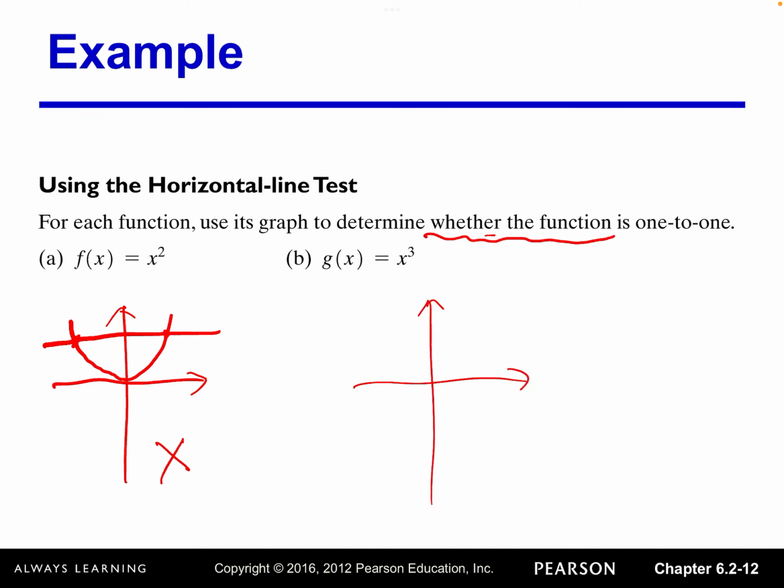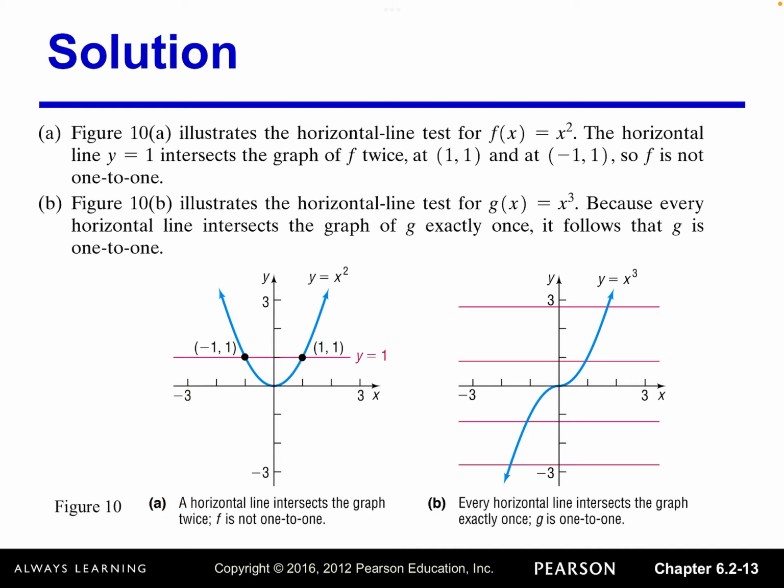The cube function we know is this kind of graph. If you draw a horizontal line anywhere, only one intercept, so this is a one-to-one function. You can see a better graph: the parabola is not a one-to-one function, and the cube function is a one-to-one function.